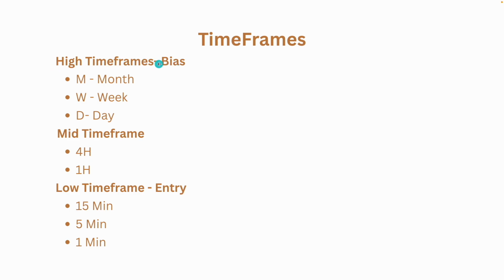So once the bias is known, then we can move to mid time frames or lower time frames for the entry, right? If bias is not properly determined, then there is no point in taking the entry or going to the lower time frames. The first important step while starting trading is finding out the bias in the market.